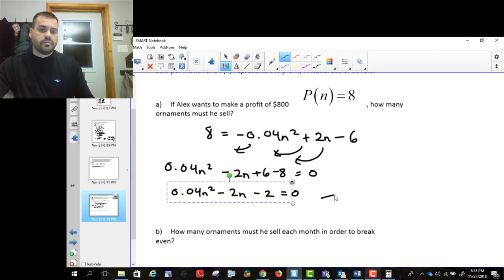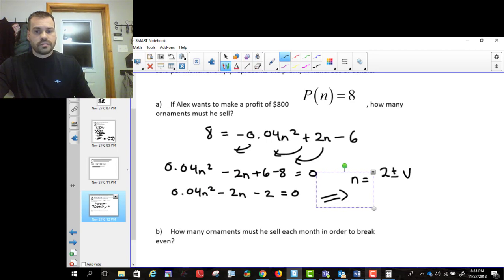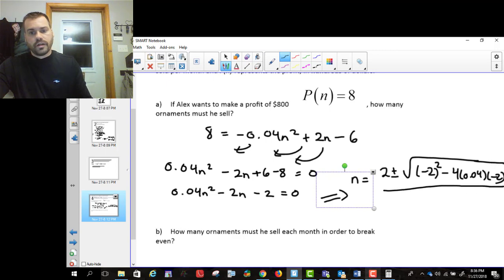I'm going to, for sake of time, just say that n is going to be this quadratic formula again. So 2 plus or minus the square root of minus 2 squared minus 4 times 0.04 times minus 2, all divided by 2 times 0.04. And I will leave you to solve that. I think you're all capable of doing that. But that's how you would set it up.